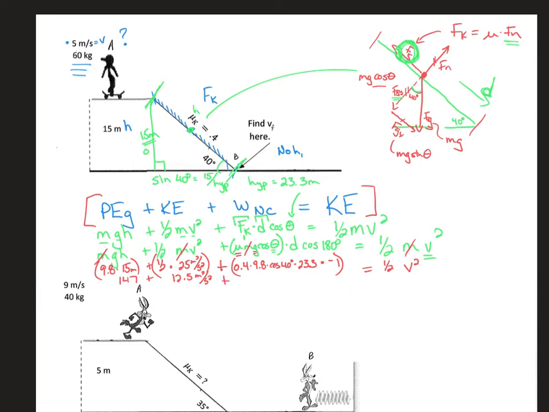And then when you simplify all of that, 0.4 times 9.8 times cosine of 40 times 23.3 times -1, you get a -69.97. There's more decimals. And you can finally say that's equal to 1/2 v squared. So it really has become much simpler. 147 plus 12.5 minus 69.97.